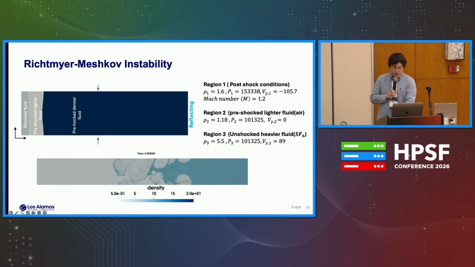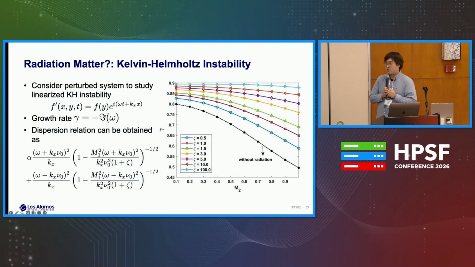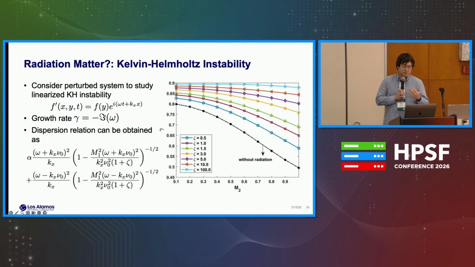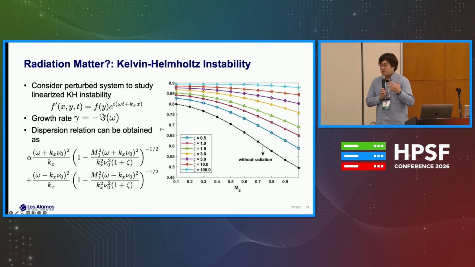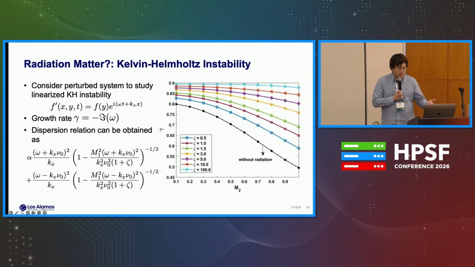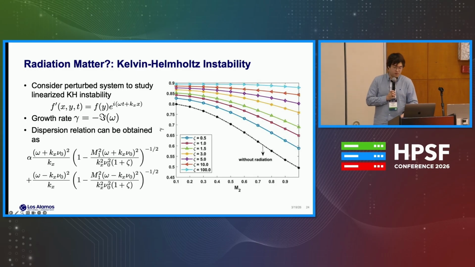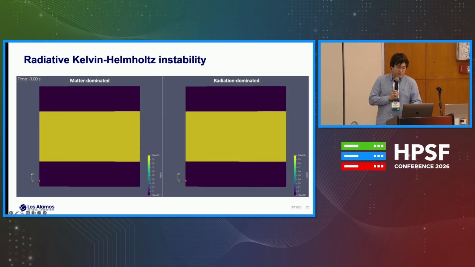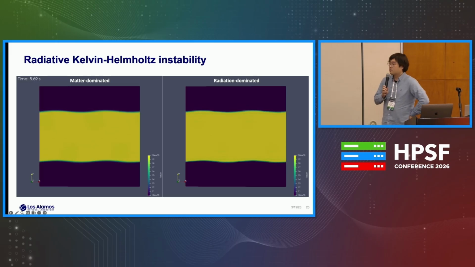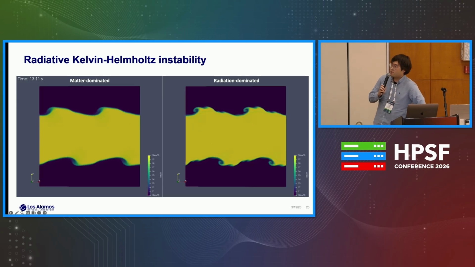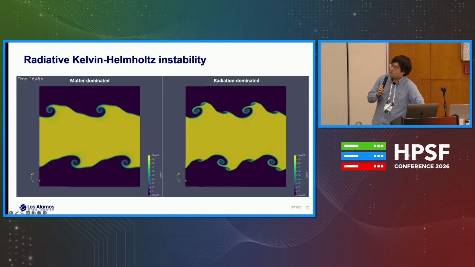And also we have some consideration of the radiation, how radiation affects the hydrodynamics too. Some linear studies suggest that the instability sometimes destabilizes or stabilizes depending on the system or opacity you choose. And that's one type of example we ran. The left-hand side is just hydro.